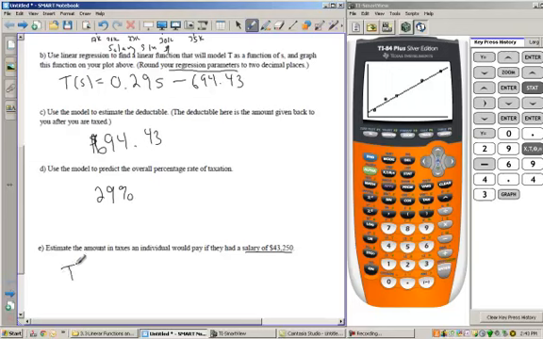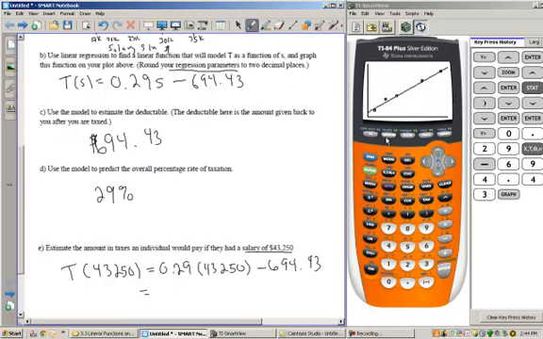So what it's telling you to do here is take T of, plug in for S, 43,250. And so this is equal to 0.29 times 43,250, and then take away 694.43.